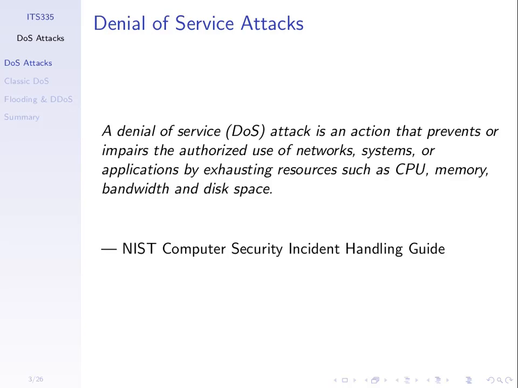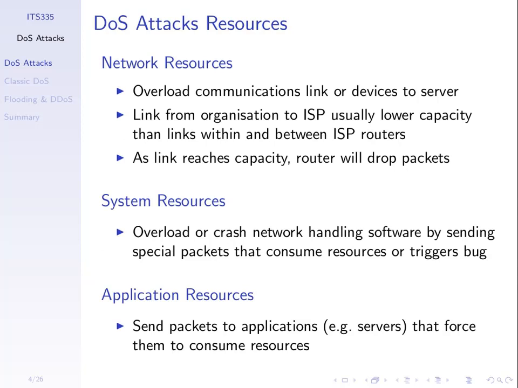So some action takes place such that my resources like CPU, my memory, the network bandwidth, or the disk runs out. So I can no longer do the normal things on my computer or my network.